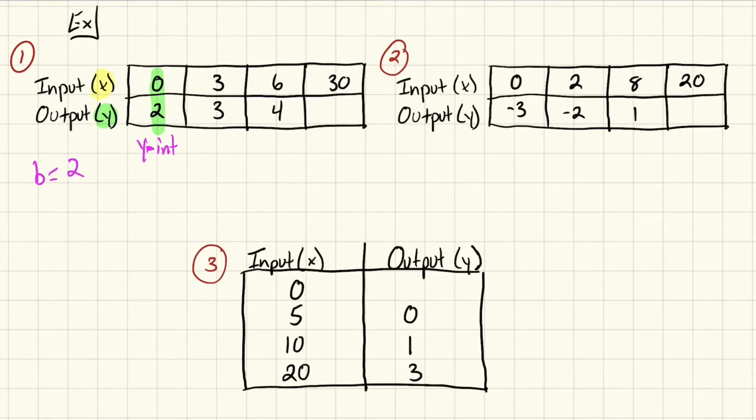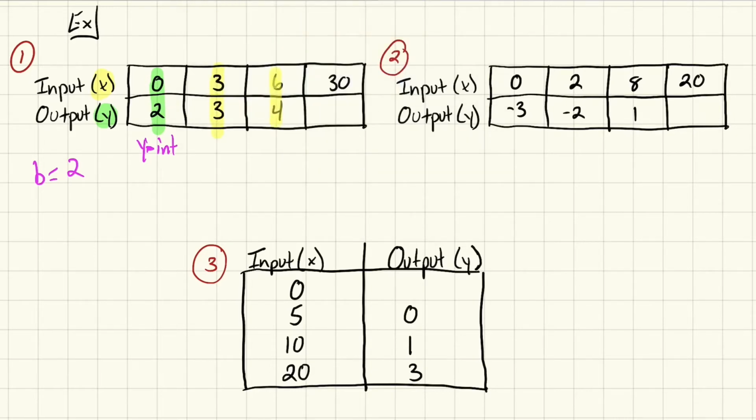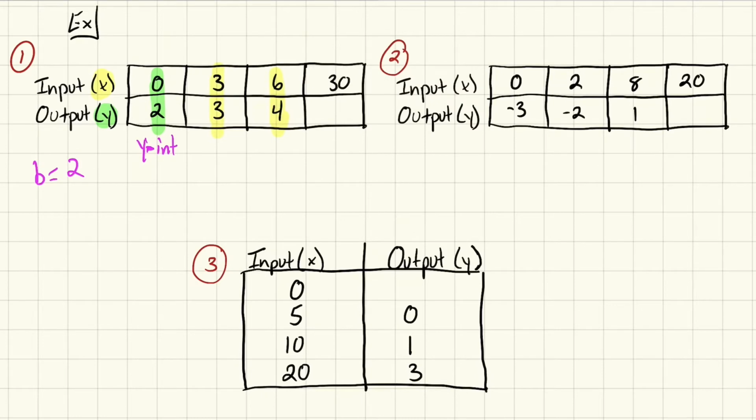Now, after we've gotten the y-intercept, we're going to take a look at these next 2 matching values. Those are basically points. They're ordered pairs. They're groupings that go together. So we know that if I put 3 in, I get 3 out. If I put 6 in, I get 4 out.